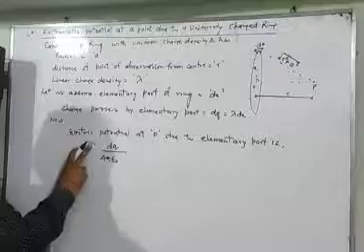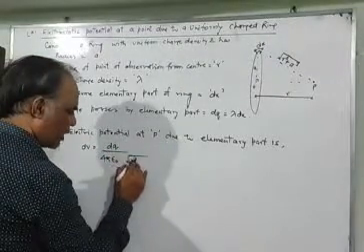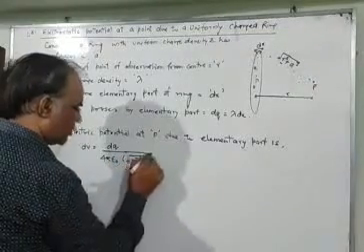So dV will be equal to dq upon 4 pi epsilon naught square root of r square plus a square.